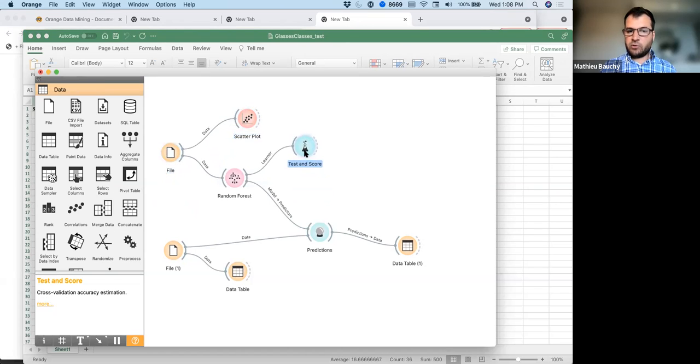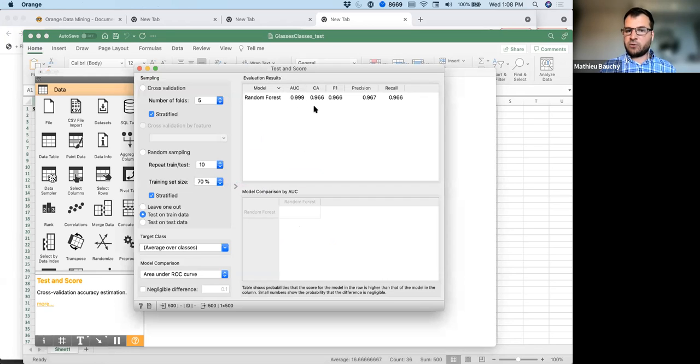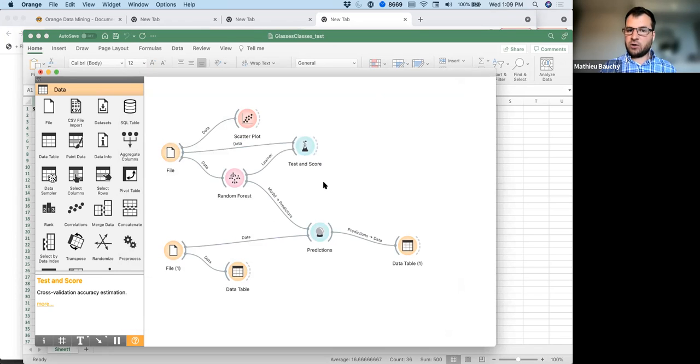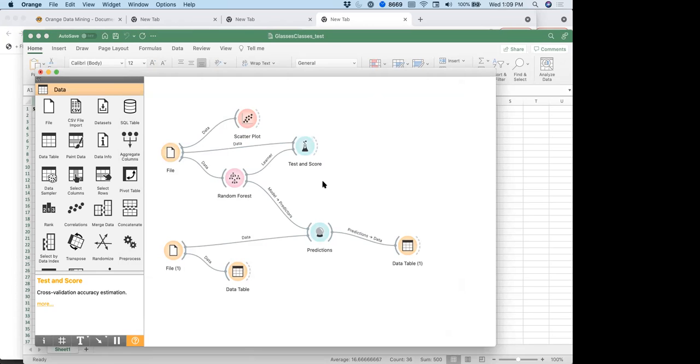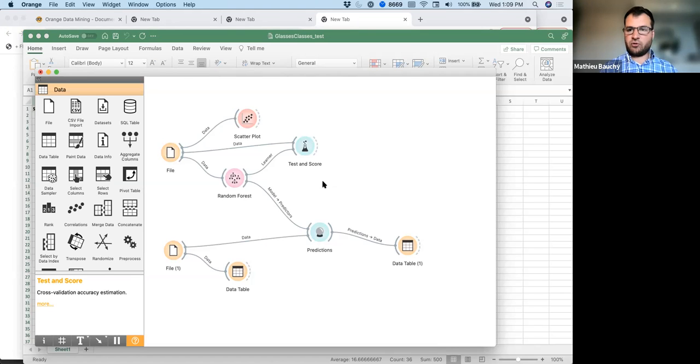So what you want is to compare what the model predicts with the actual class. So you need to add this line here, and now it's going to be able to calculate the accuracy of the model, because it can compare what the model thinks is the class of each glass with the actual class that you provided in your data sets. Does it make sense? Yep, that's what I was missing, that other connection. Thanks. Sure. Any other questions regarding this?